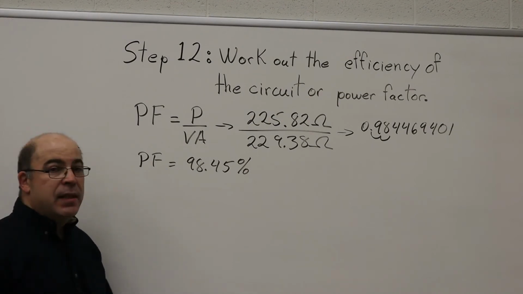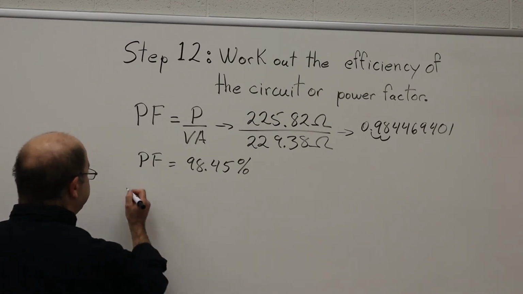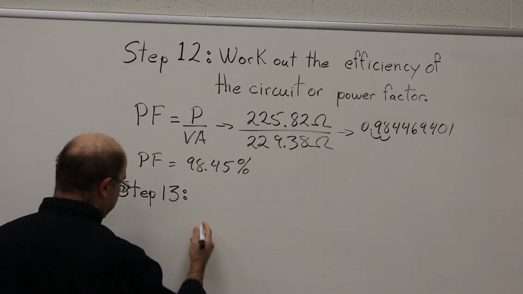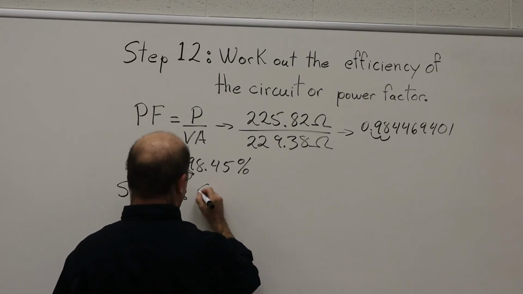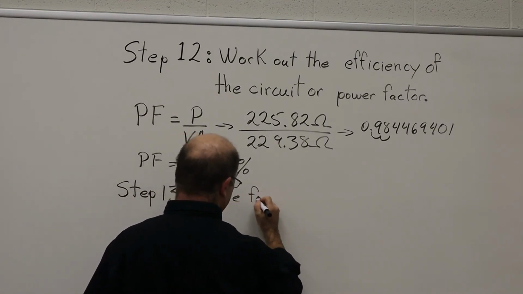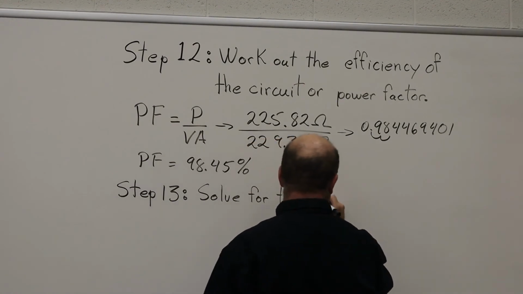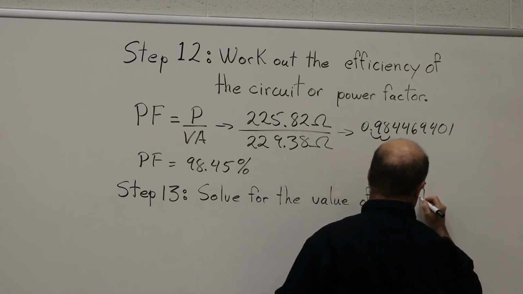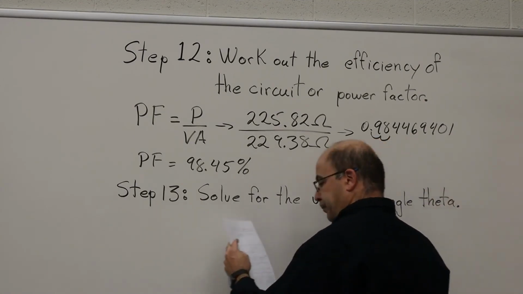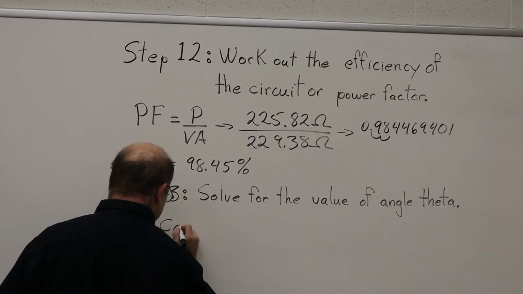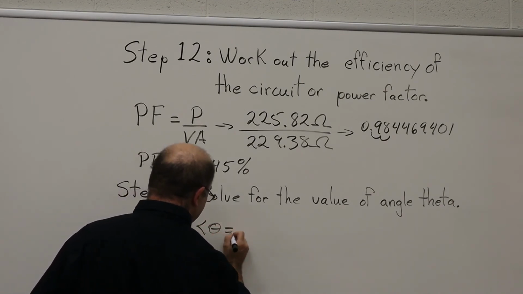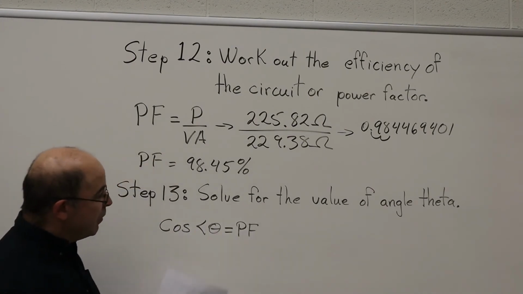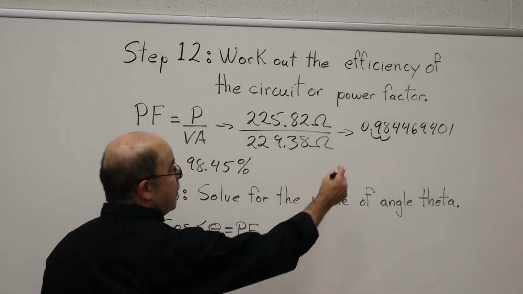Now, last thing to calculate, angle theta. So cosine of angle theta is equal to the value of the power factor, but we're going to be using the decimals.